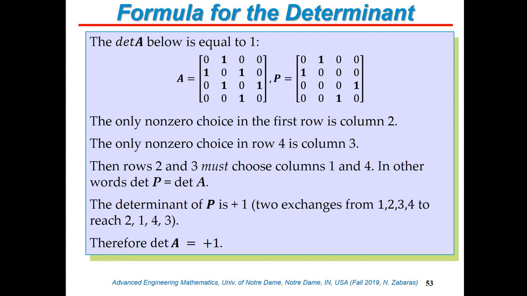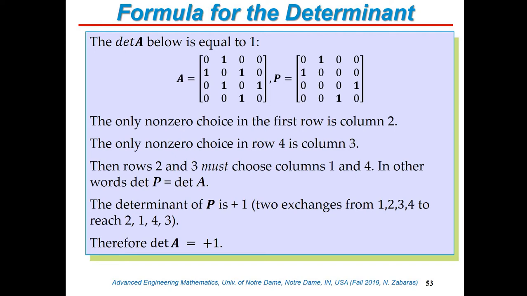So the only non-zero term that you get is this permutation matrix here. If you pay close attention, on row 1 you have column 2, on row 2 column 1, on row 3 column 4, and on row 4 column 3.